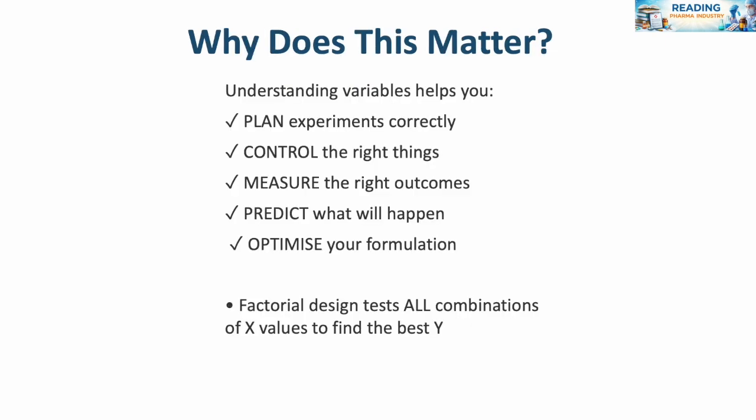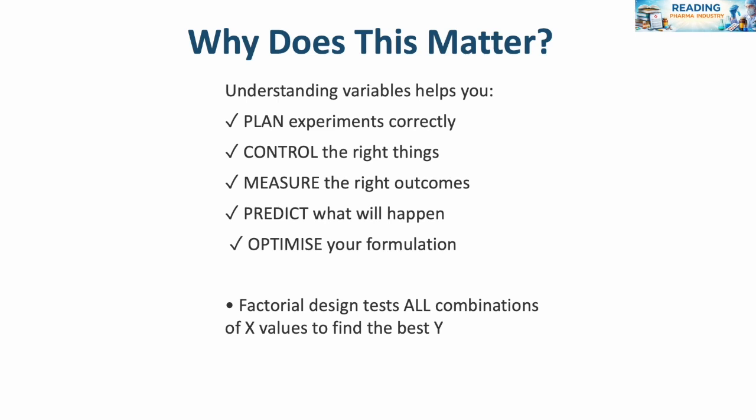So why does understanding variables matter so much? As we mentioned before, it helps you plan experiments correctly. It helps you control the variables and decide and select so that you end up with the optimum levels.